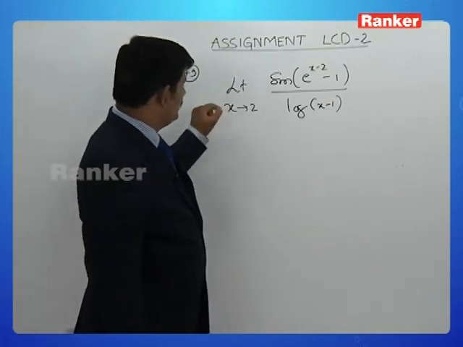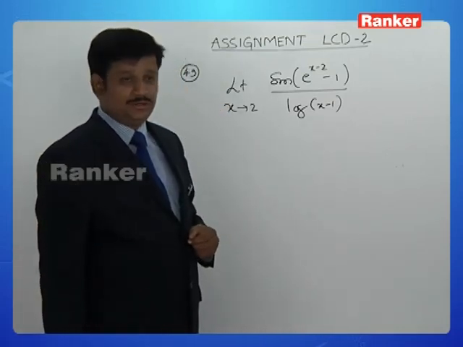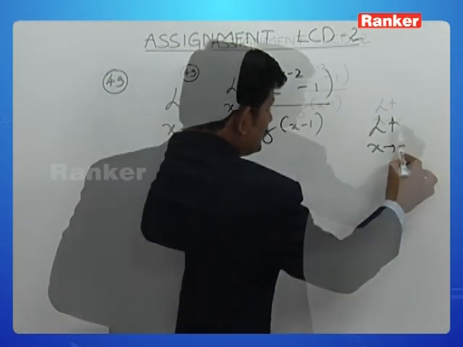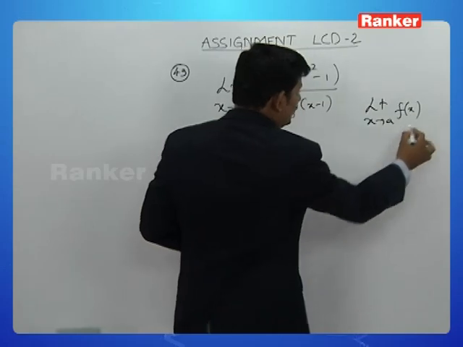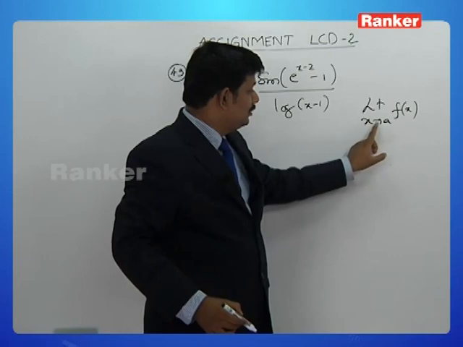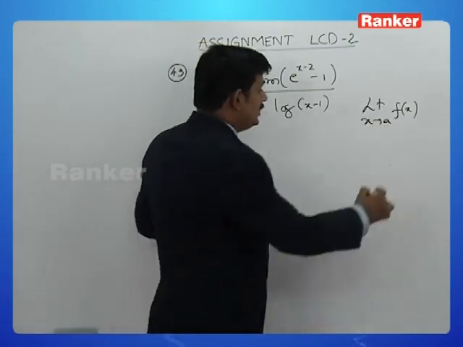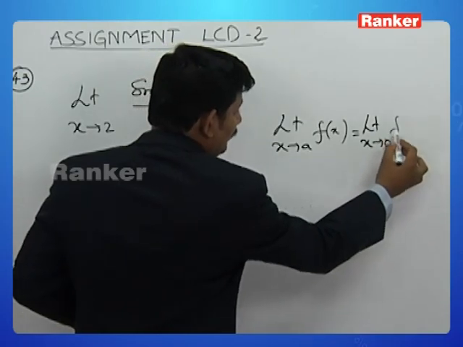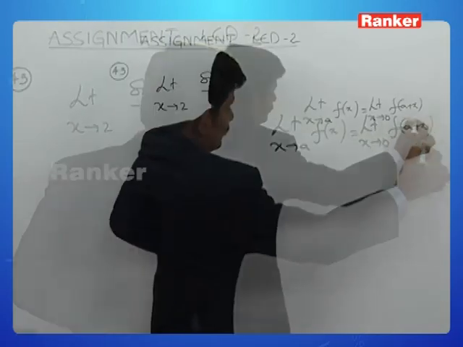Let us convert this limit into a limit as x tends to 0. We are investigating the nature of f of x in the neighborhood of a. So, the limit as x tends to a of f of x will be the same as the limit as x tends to 0 of f of a plus x.